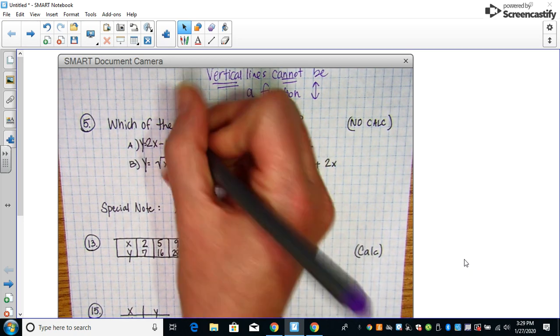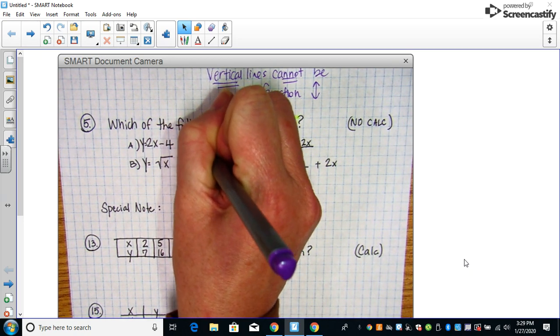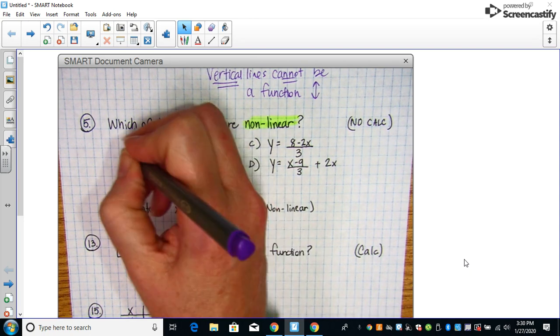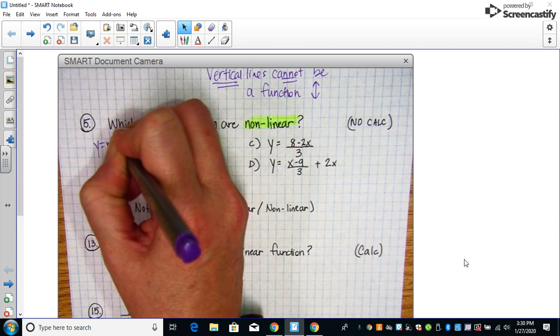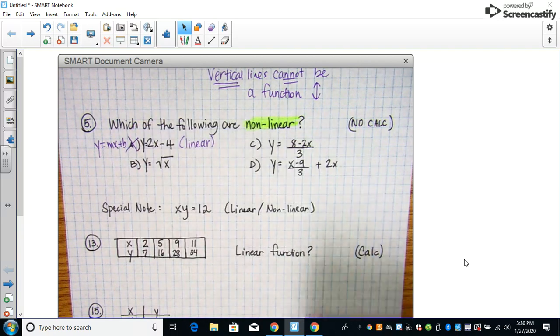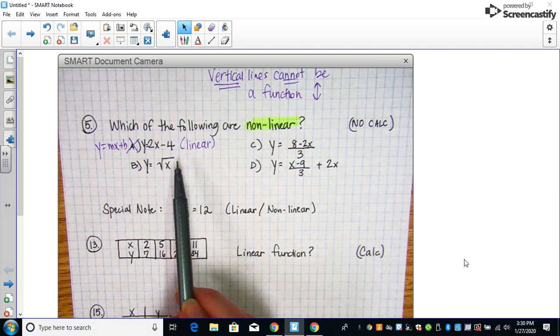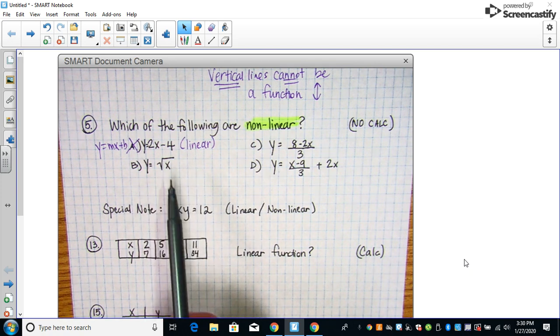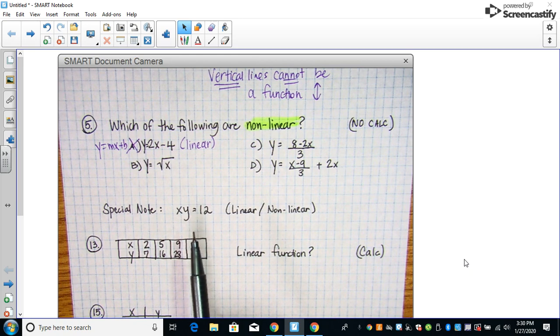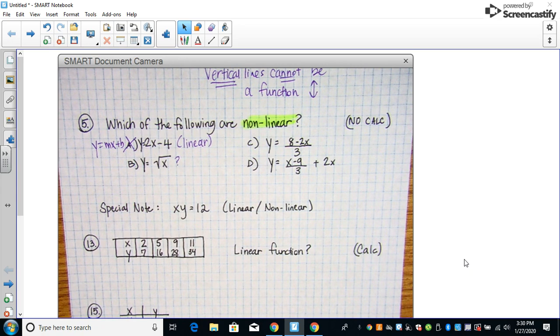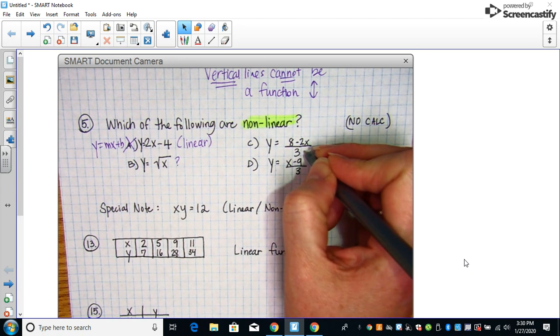Now, this one obviously is linear because it's y equals mx plus b. So A is out. Now, B looks a little weird with the square root, and I'm not quite sure if we've had much practice with the square root problems, so I feel like that one is a maybe. Then we look at C and D, and we notice we have fractions.